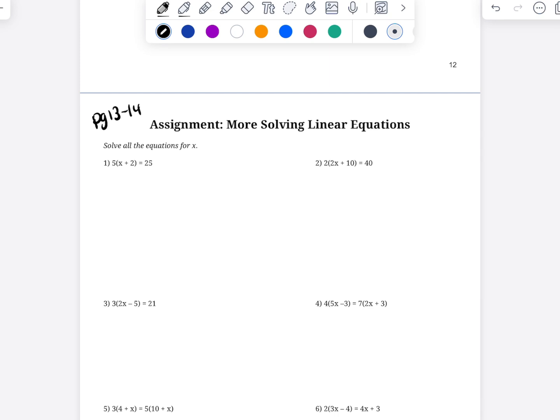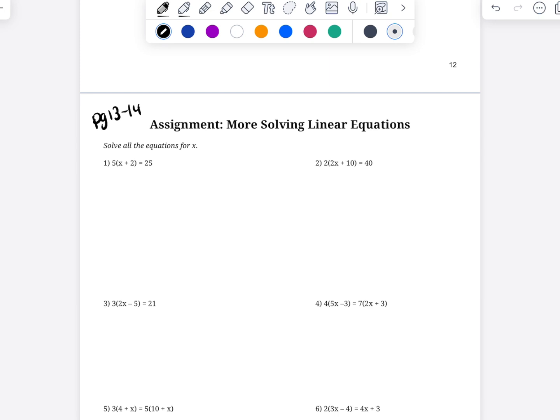And if you get stuck, I want you to circle back to watch a second video that will show you how to do some of these problems. If you just want to check to see if you're right, then check Schoology for the answer key, all right? So you are now done with this first video, and then there is going to be a second video that you could watch if you get super stuck.